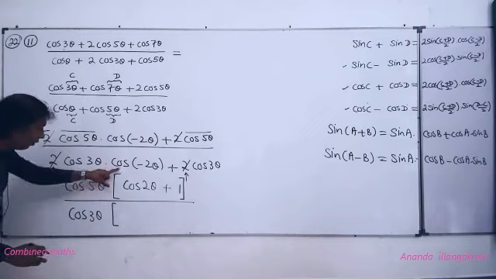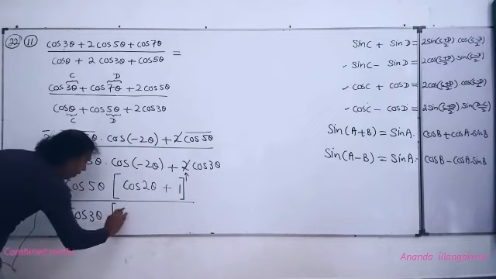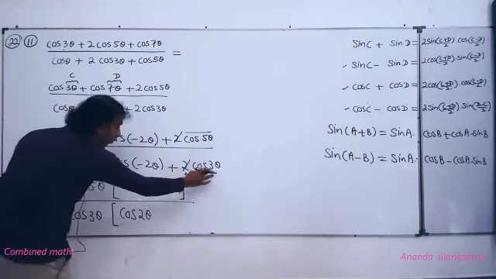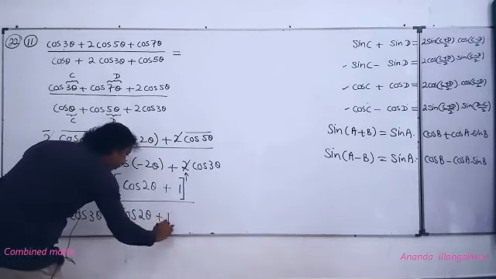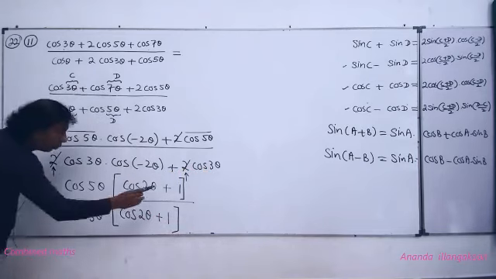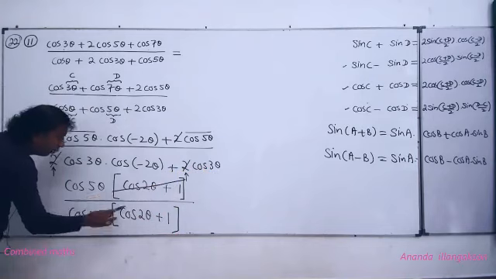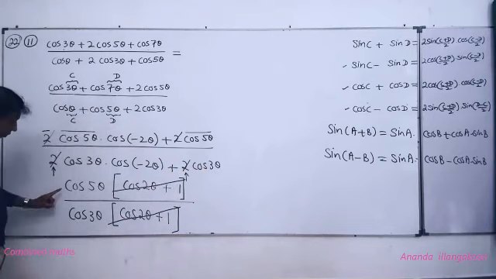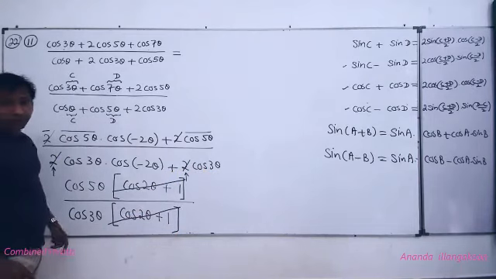Then this is cos minus 2 theta, that minus sign we can neglect. Cos 2 theta, and once you take this cos 3 theta out, we get 1. Now what happens, people? Now this cos 2 theta plus 1 whole thing, you can cancel down with this cos 2 theta plus 1 whole thing. Now what do we have? Cos 5 theta divided by cos 3 theta, right?